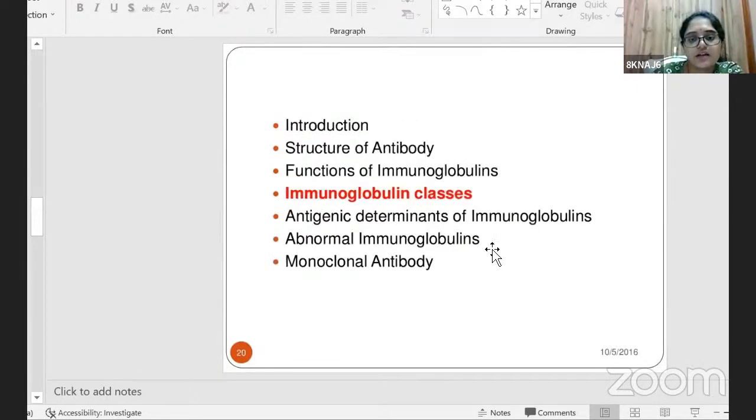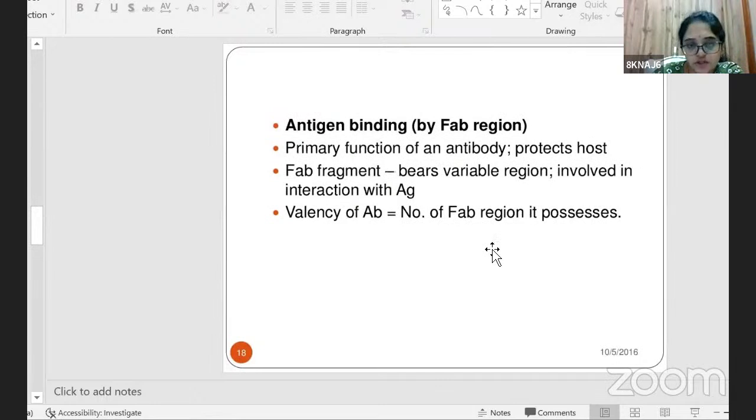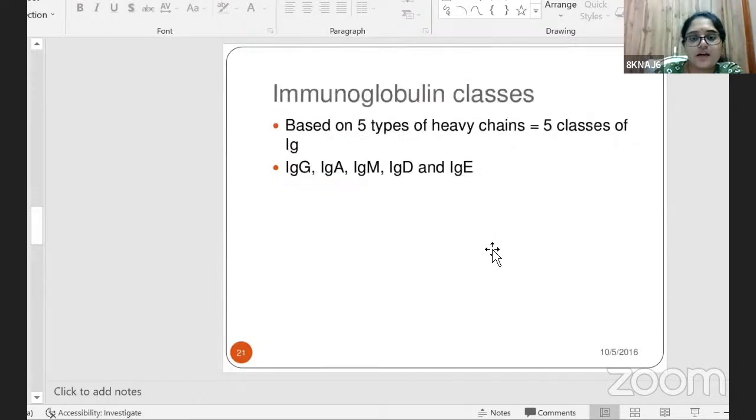Now, to see the different kinds of immunoglobulin structures, we'll just have a look at it. Based on the different types of heavy chains, we have 5 classes of immunoglobulin. We get IgG, IgA, IgM, IgD, and IgE. So these 5 major classes are quite different from each other in terms of size, charge, amino acid sequences, and carbohydrate content.